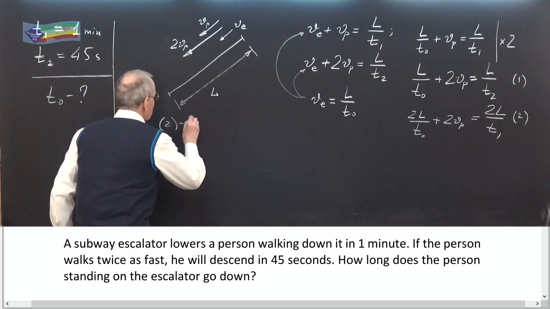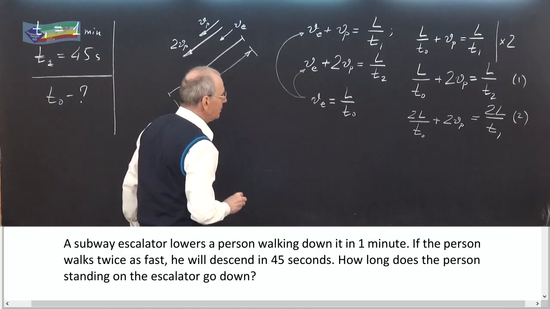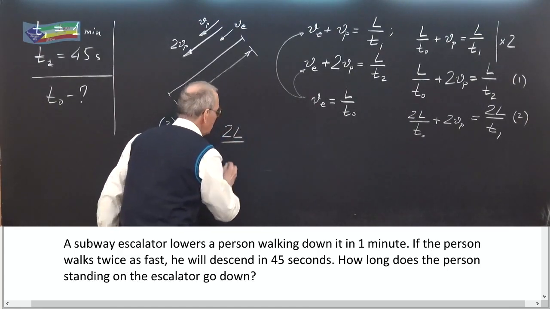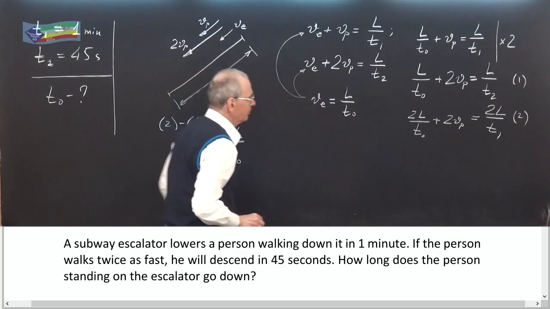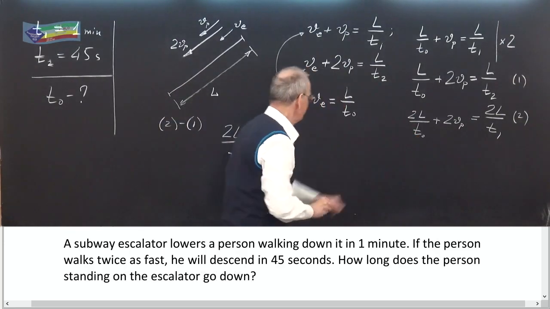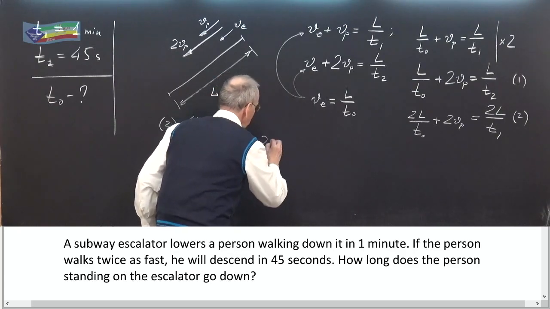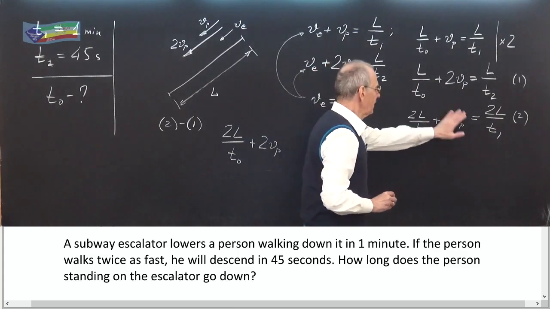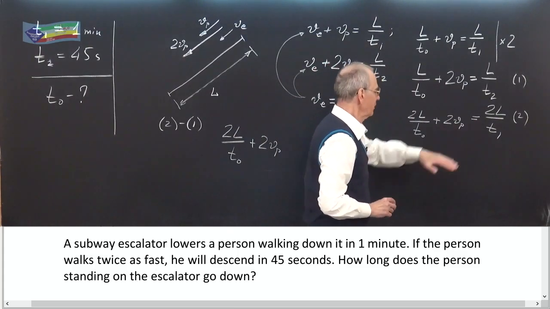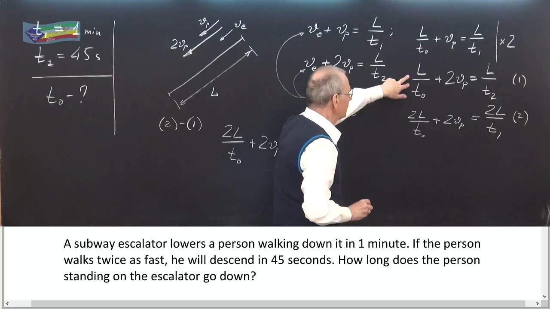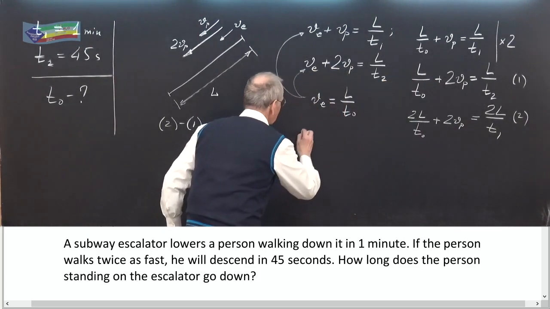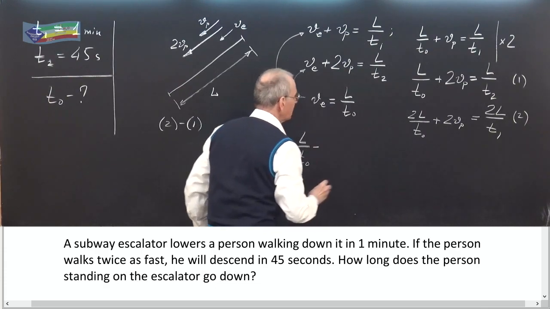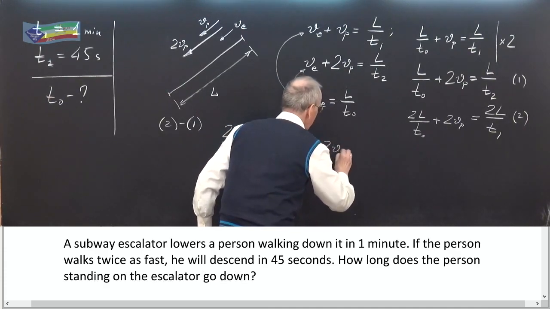The second minus the first gives us, on the left: 2L over T0 plus doubled V passenger, minus L over T0 minus doubled Vp.